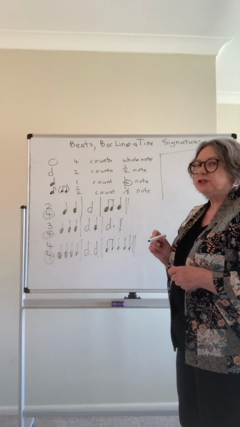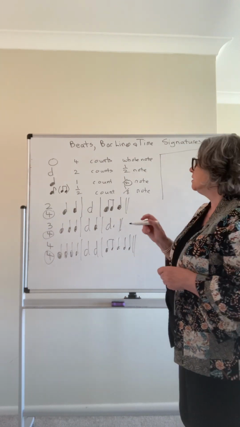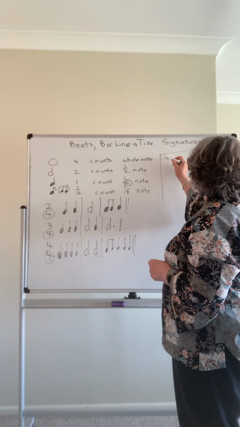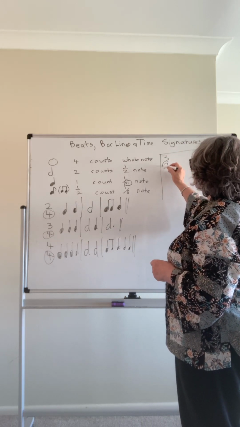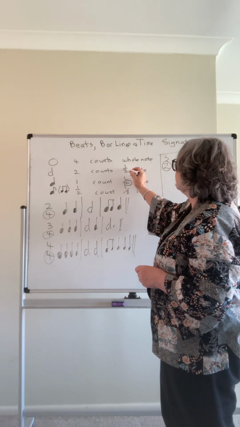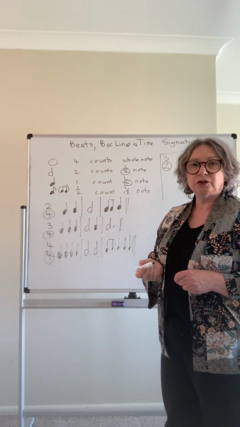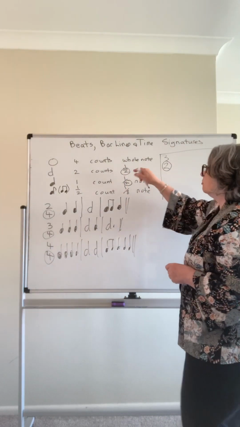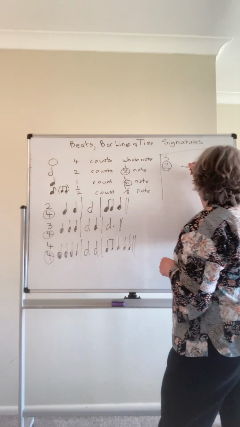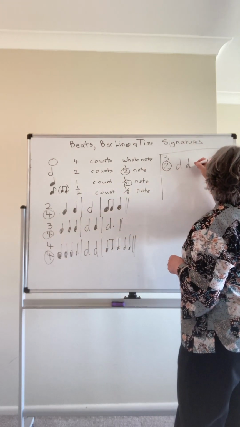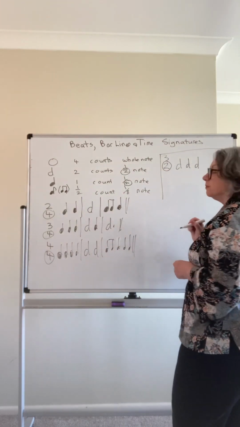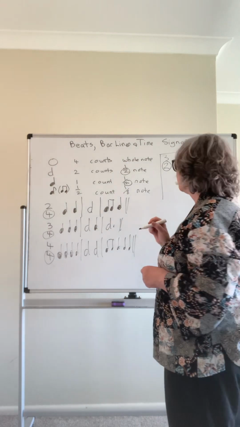Now, let's take an example of some other ones. Say, for example, we went 3/2. So this 2 would be referring to this 2. So it means you're having 3 minims in a bar, or something that equals that.